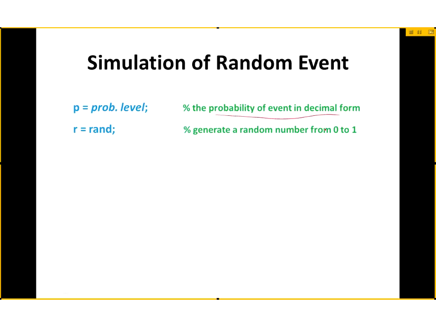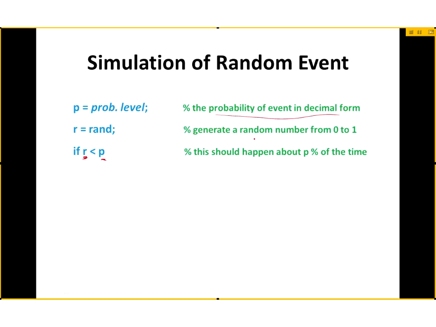Then the next thing we want to do is generate a random number. And for this particular example, we're talking about generating a real random number between 0 and 1. And then we just want to compare the random number that we generated, which we've stored in the variable r, to the probability level that we specified, p. And if r is less than p, then we'll consider that to be the event occurred at the probability we specified.